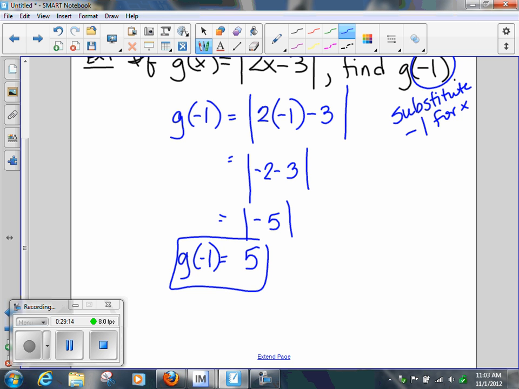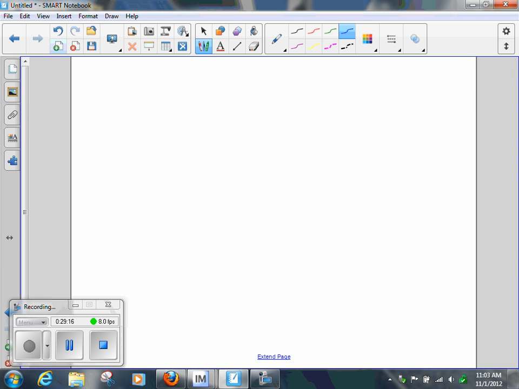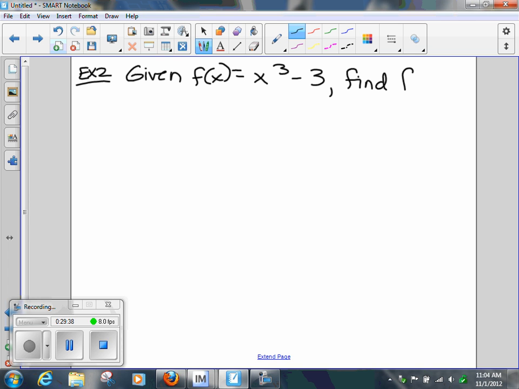Take a quiz on this. Here we go. You ready? Here's another one. How about this one? It may be worded: given f of x equals x cubed minus 3, find f of negative 2.